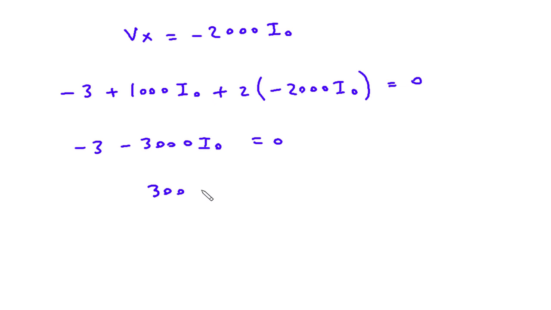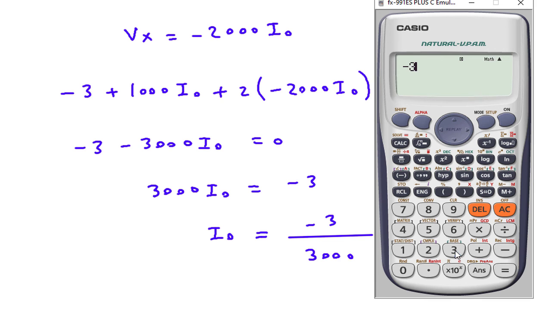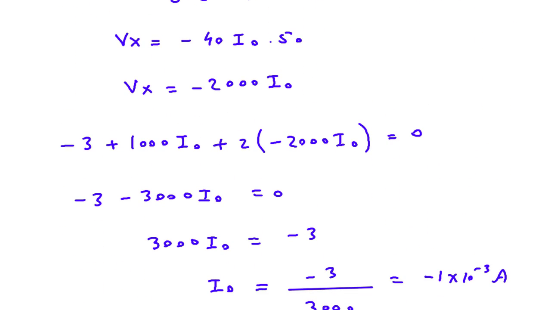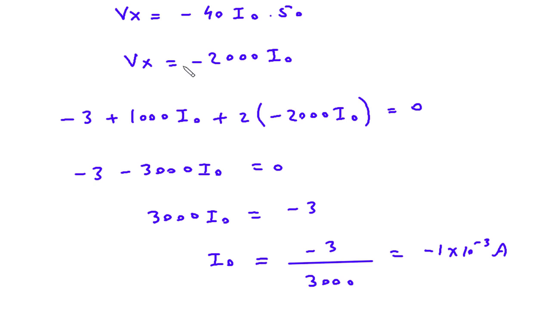So 3000 IO is equal to minus 3. Therefore IO is equal to minus 3 divided by 3000, which is minus 1 into 10 raised to the power minus 3 ampere. Now we will substitute the value of IO in this equation.